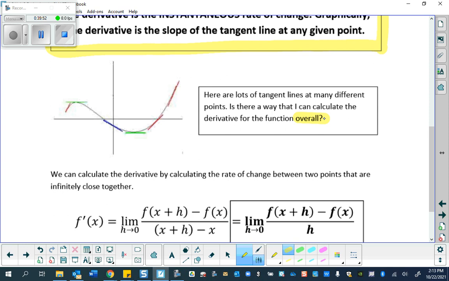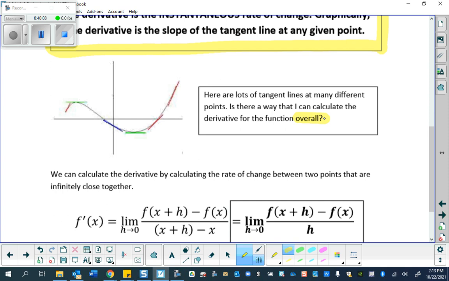Like, I can do it at an x value of 1, I could do it at an x value of 12, I could do it at an x value of 563, but I want an equation that's open for any x or y value that somebody wants. And that's what we're going to start doing.